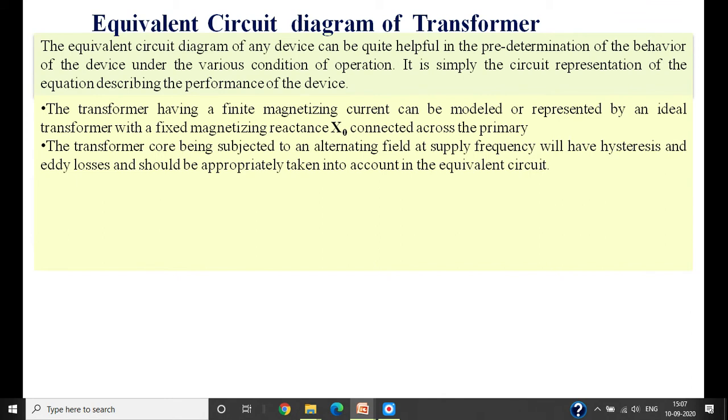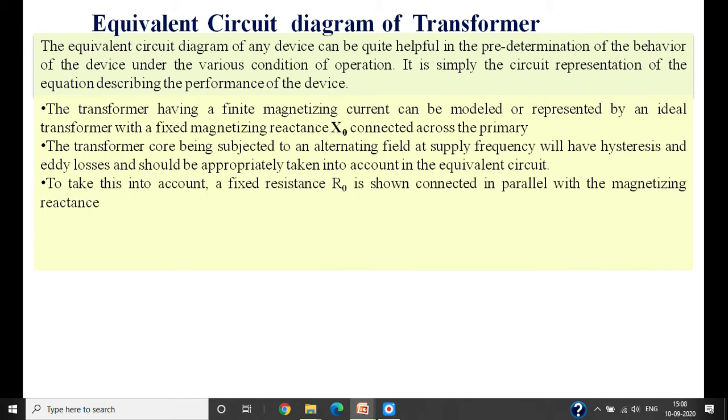The transformer core, being subjected to an alternating field at supply frequency, will have both hysteresis and eddy current losses, and these should be appropriately taken into account in the equivalent circuit diagram. That is taken care of by R0.